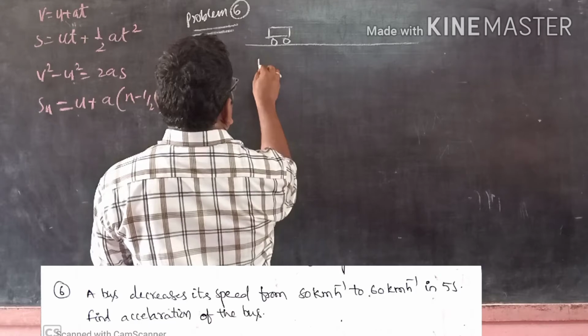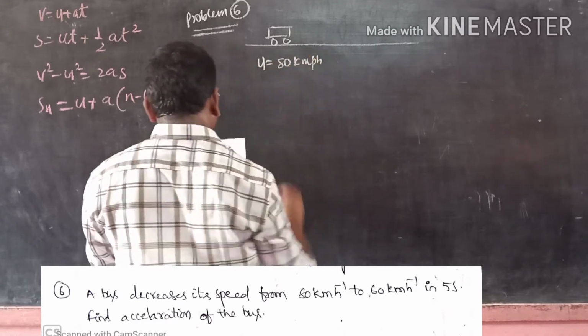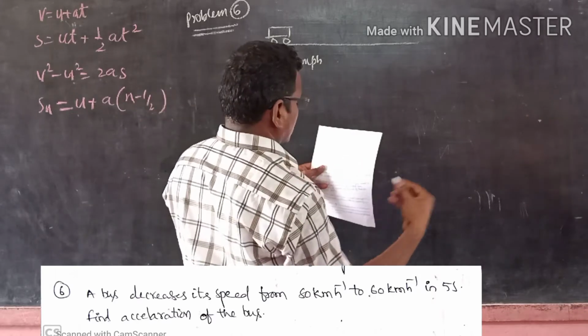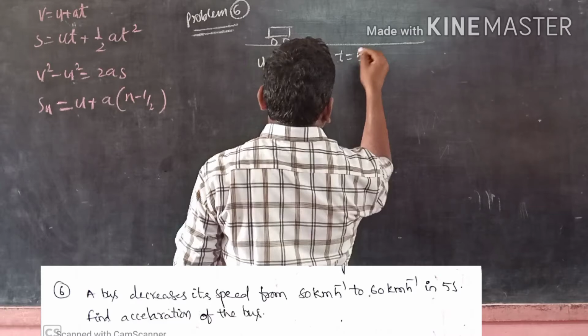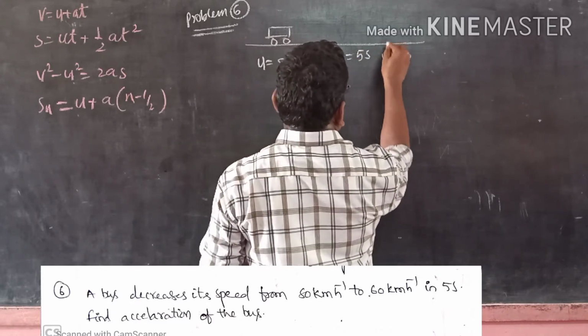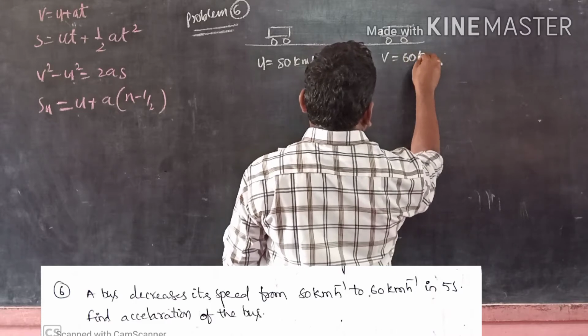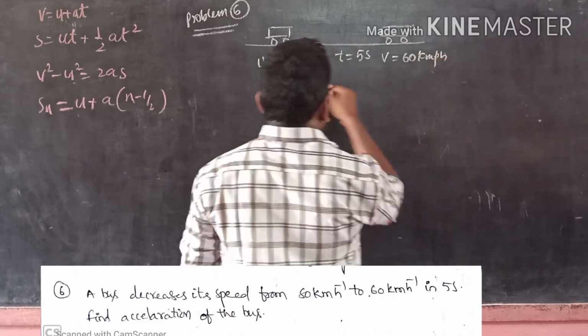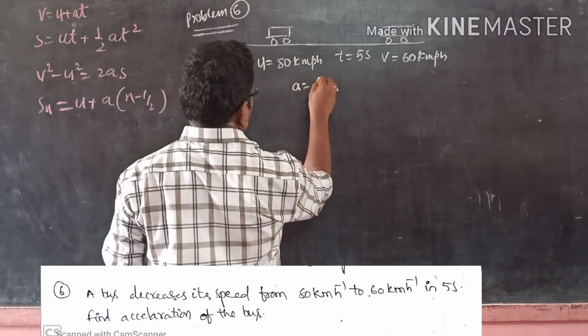The initial speed is 80 kmph. Means he applied the brakes or something, whatever it may be. After 5 seconds, the final velocity of the bus becomes 60 kmph. Means gradually decreasing. We should find out the acceleration.